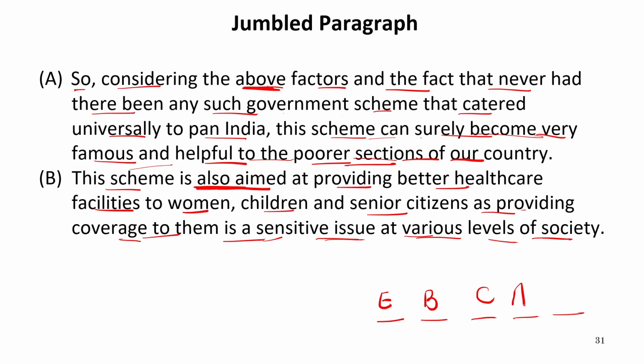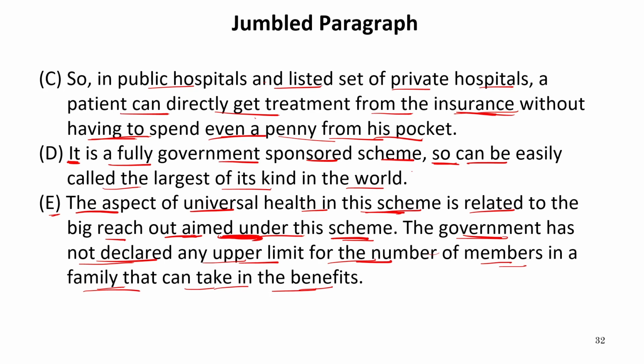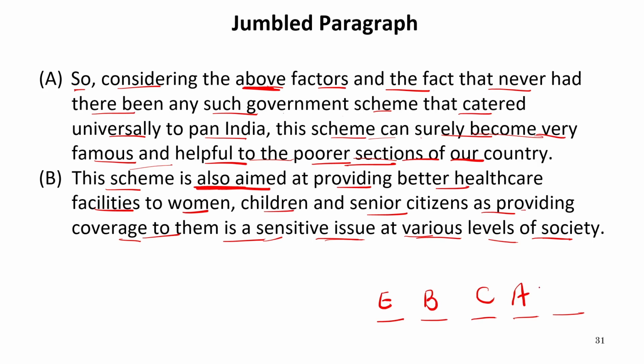Therefore, sentence A will follow the sentence C. Now here, obviously, we'll have D sentence in the last. "It is a fully government sponsored scheme, so can be easily called the largest of its kind in the world." So D will be the concluding sentence where this scheme has been talked about properly.